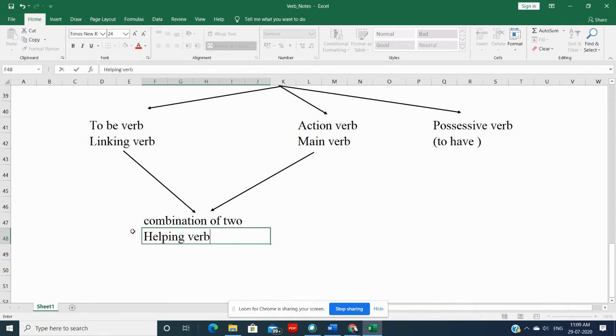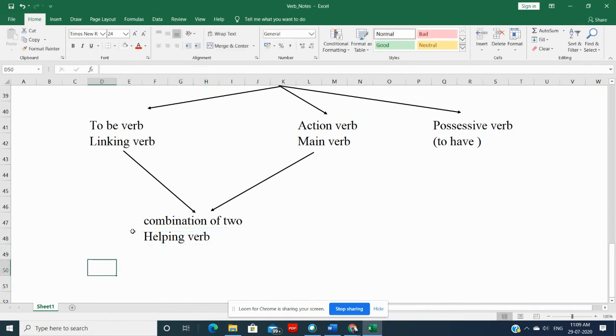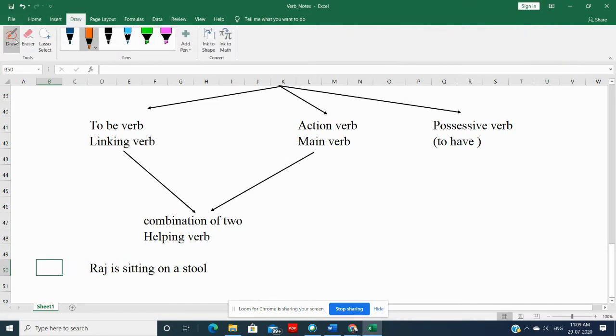Helping verb. Now let's see why they are called helping verbs. See, for example, if I'm saying that Raj is sitting on a stool. Now, here you can see that is is your to be verb and sitting your action verb.